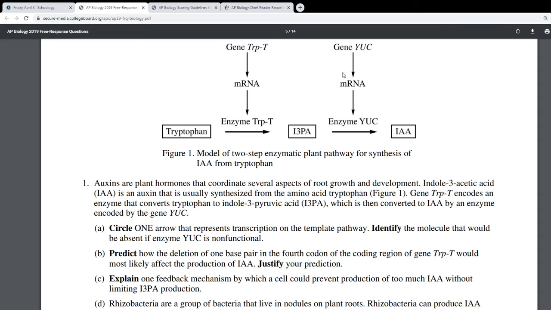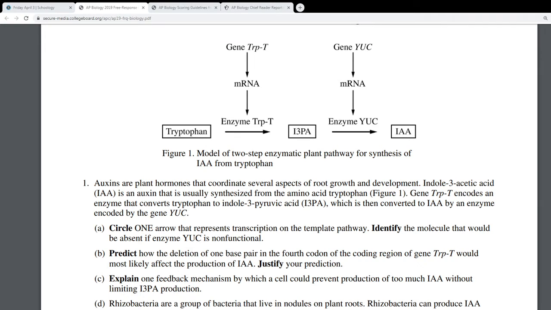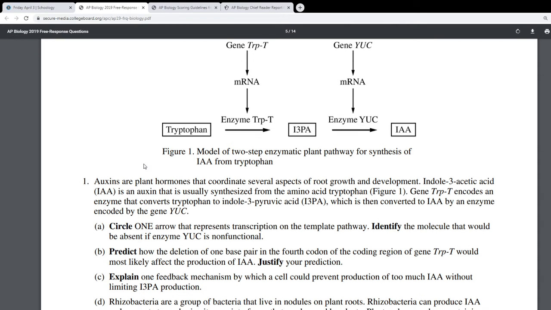So you would need to circle one of those two. And then hopefully, if the enzyme YUK is non functional, what isn't going to be made? IAA. Correct. All right, so that was the first part, not too bad.